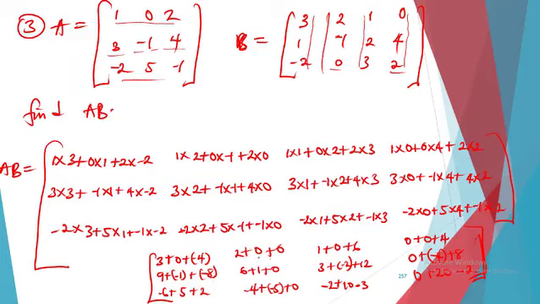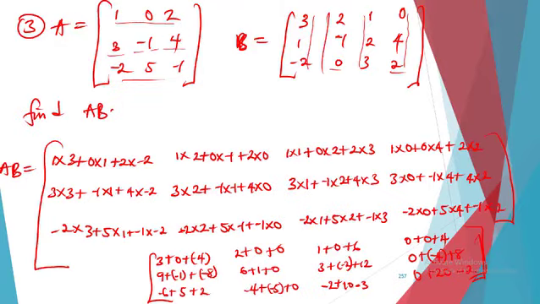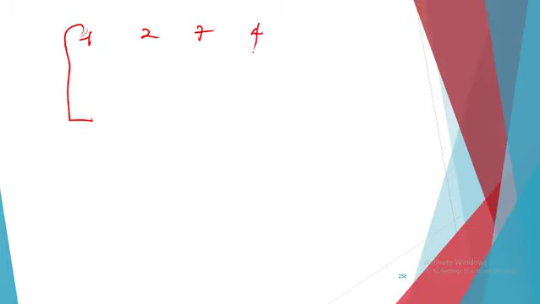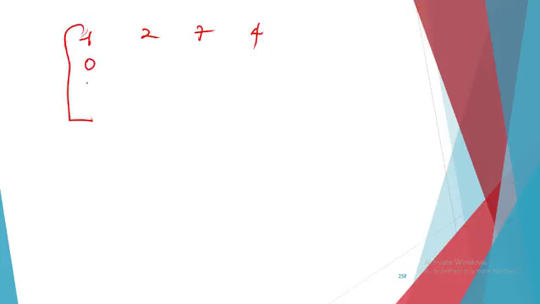Okay, 2 plus 0 plus 0 is 2. 1 plus 0 is 1 plus 6. We have 7. 0 plus 0 plus 4 is 4. We have here to be 4. Then we'll go over to this. 9 minus 1 is 8. 8 minus 8 is 0. This is 0.